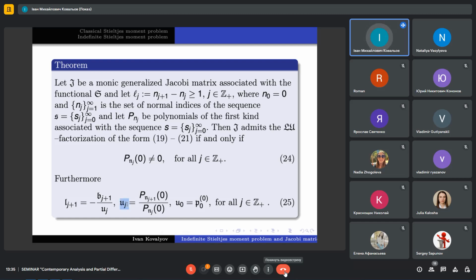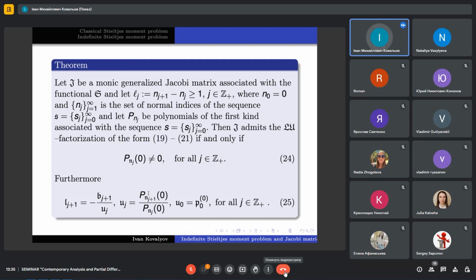It's rational: we have p_{n_j+} over p_{n_j} at 0. And in this situation, we must say that p_{n_j} at 0 doesn't vanish for all j. So that is the first.